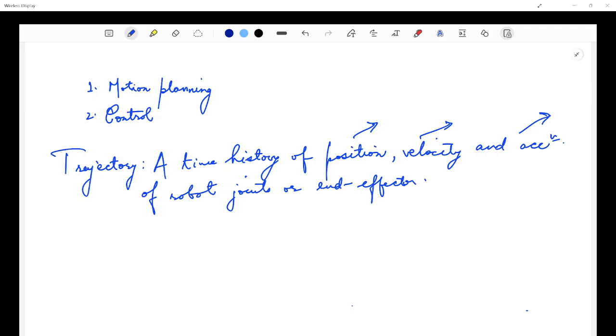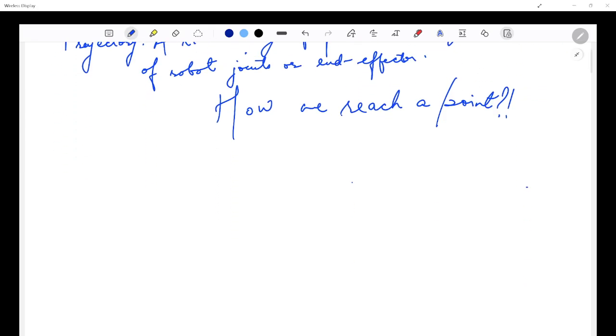So in robotics, we don't just care about reaching a point, we care about how we reach it, and that is important. Okay, so there are two types of trajectory planning.